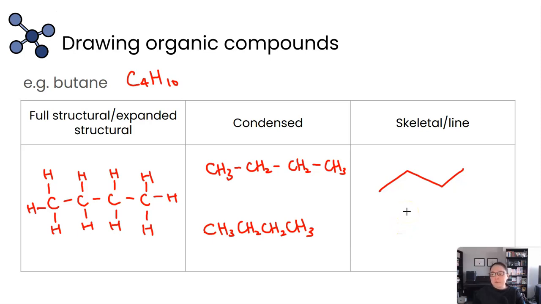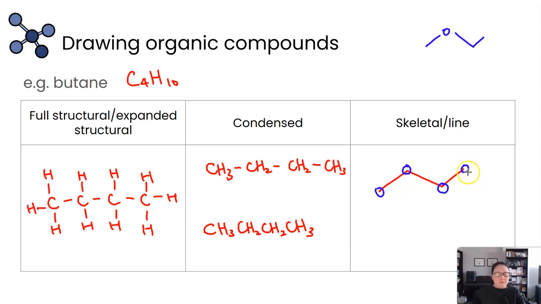And there are benefits to why these are drawn this way as well. At the end of every line and at these corners, every one of them is a carbon. If it were a different element, you would write down the symbol of the element. So for example, if you were going to draw one that had oxygen in the middle, it might look something like this, where you have oxygen there and then carbon, carbon, carbon.